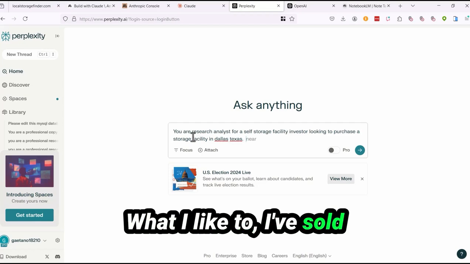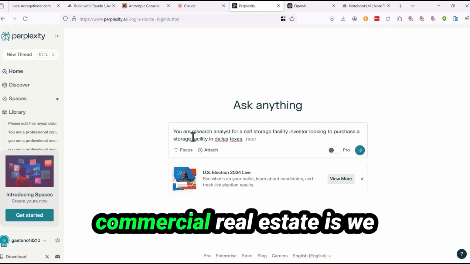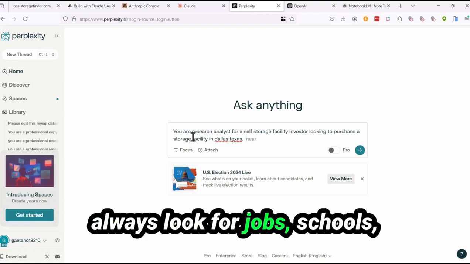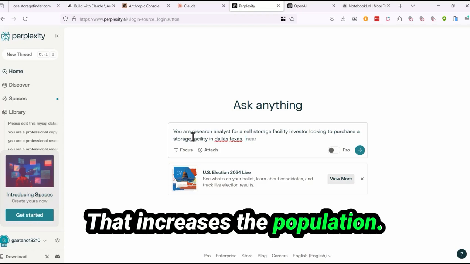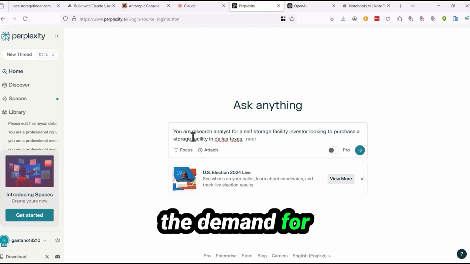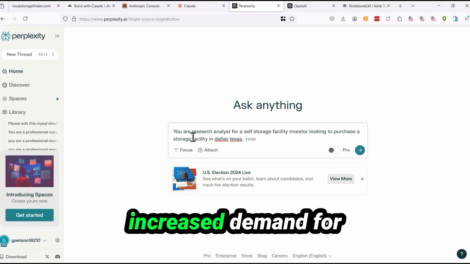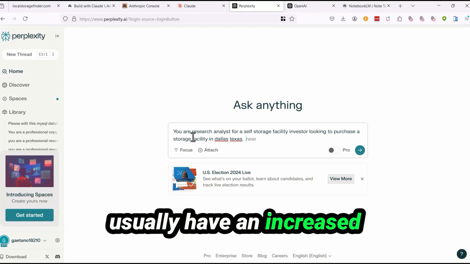In my background in commercial real estate, we always look for jobs, schools, hospitals, things like that. That increases the population. That usually increases the demand for residential housing. When you increase demand for residential housing, you usually have an increased demand for storage.